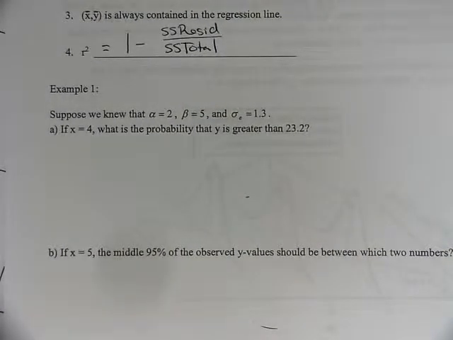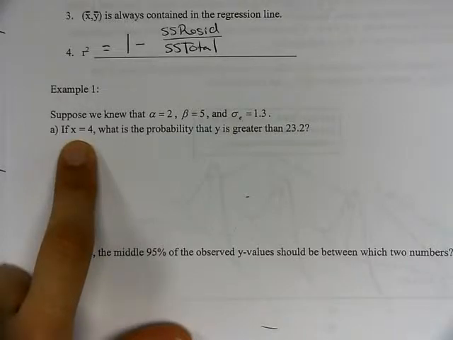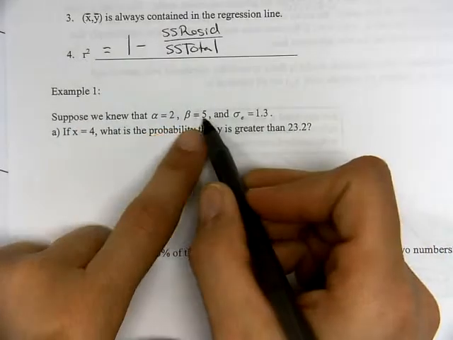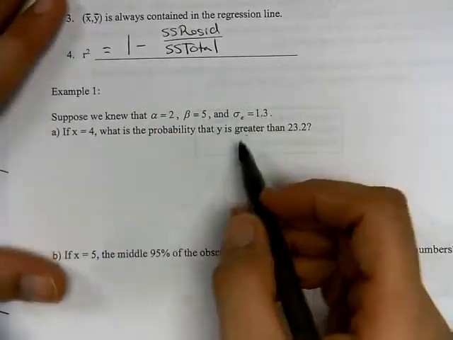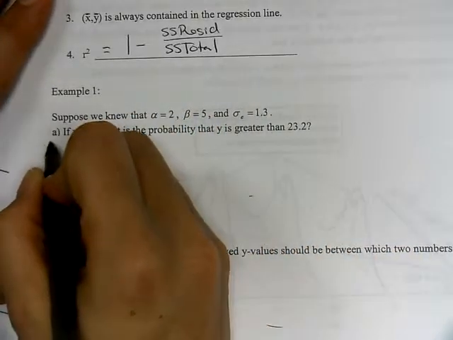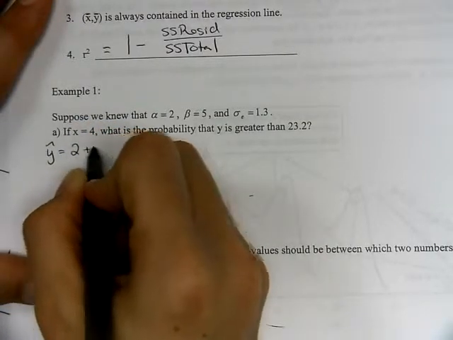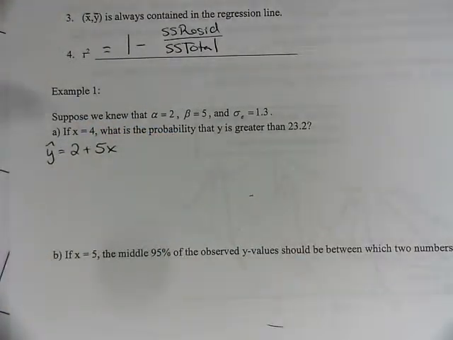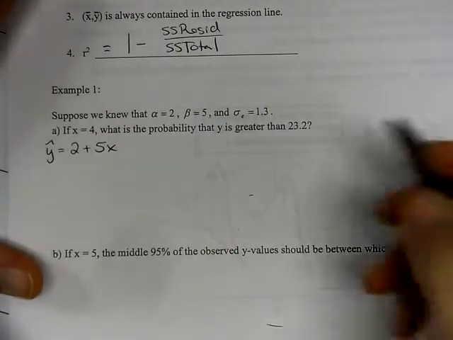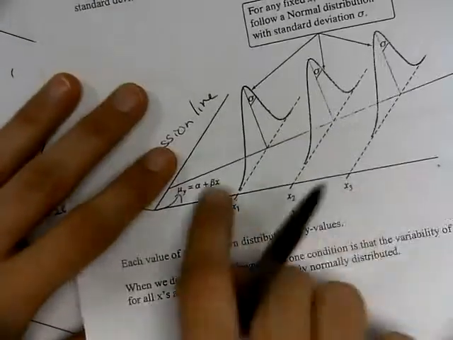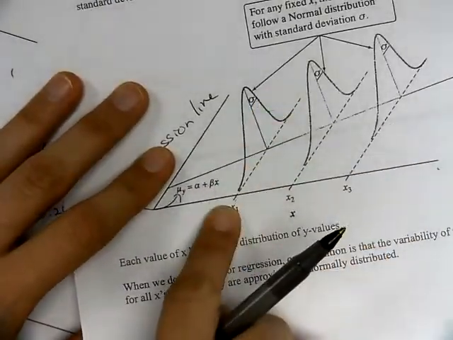Again, you have to pretend that at each x value there's a little mini normal distribution. If x is 4, and we know alpha is 2, beta is 5, S sub E is 1.3, so this is the true regression line: y hat equals 2 plus 5x. I'm at x equals 4, at one specific mini distribution.